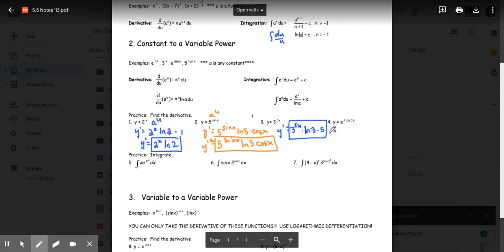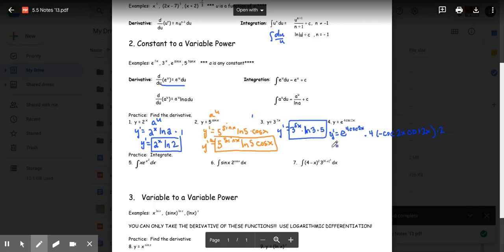All right, and when you take the derivative of e to the u, you keep it the same times the derivative, right? We're following this formula right here. Times the derivative of the power. So the derivative of cosecant is negative cosecant cotangent times the derivative of the inside. Derivative of the inside is times 2.